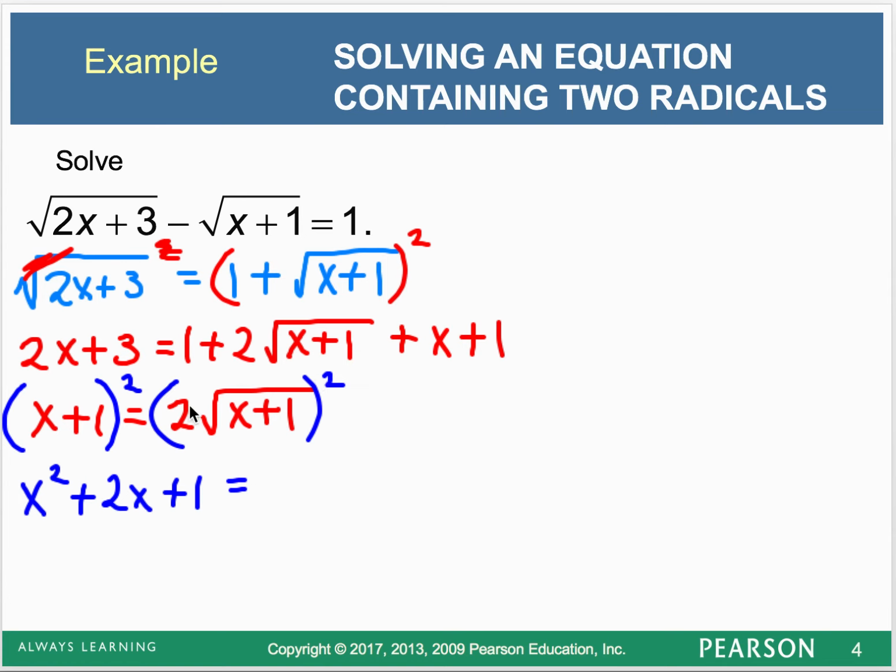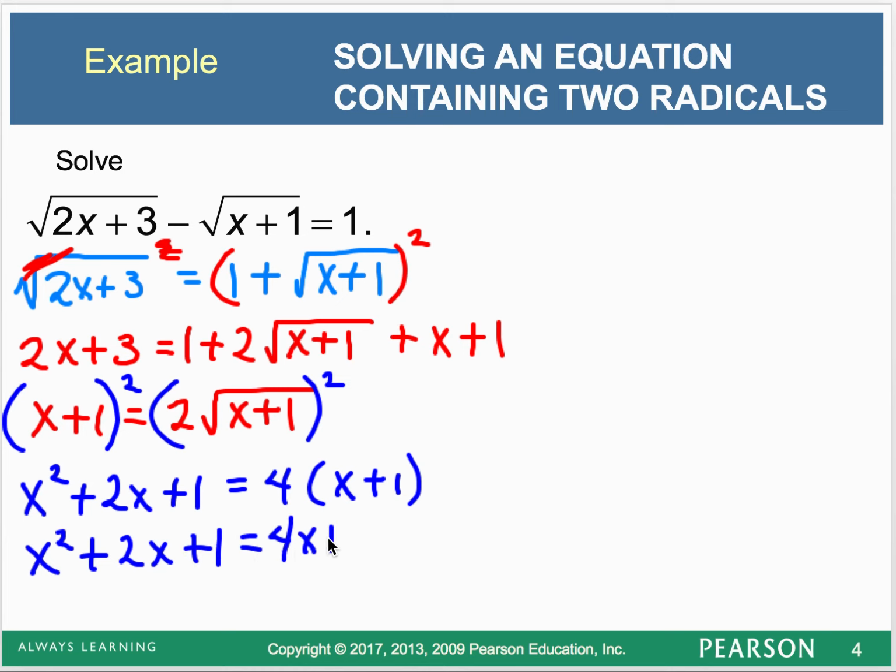Now over here I can just square each one because it's not a plus in there, it's a multiply. Okay, so getting rid of those parentheses, x squared plus 2x plus 1 equals 4x plus 4.